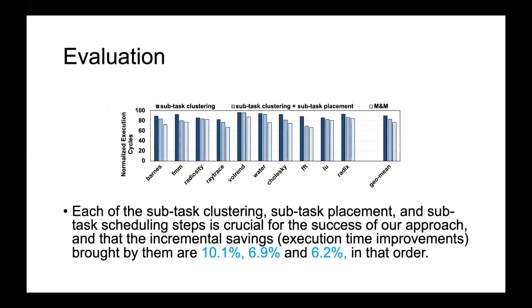As you can observe from the figure, each of subtask clustering, subtask placement, and subtask scheduling is crucial for the success of Mix and Match, and they brought execution time reductions of 10.1%, 6.9%, and 6.2% respectively.